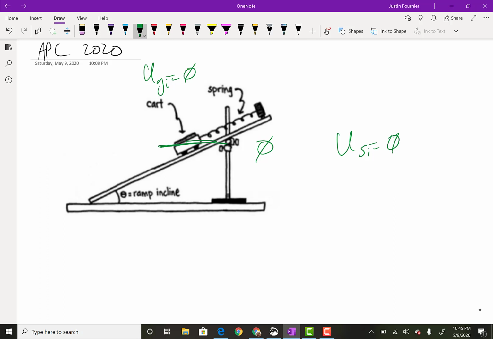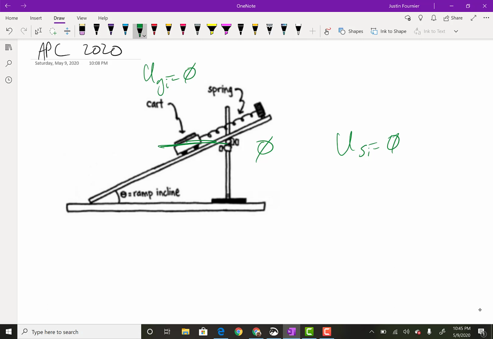I didn't have to call that 0. That's just what I called 0. This is one of the reasons why expressing potential energy at any particular point, unless we all agree on the 0 mark, is kind of arbitrary. It's how the potential energy changes that matters.